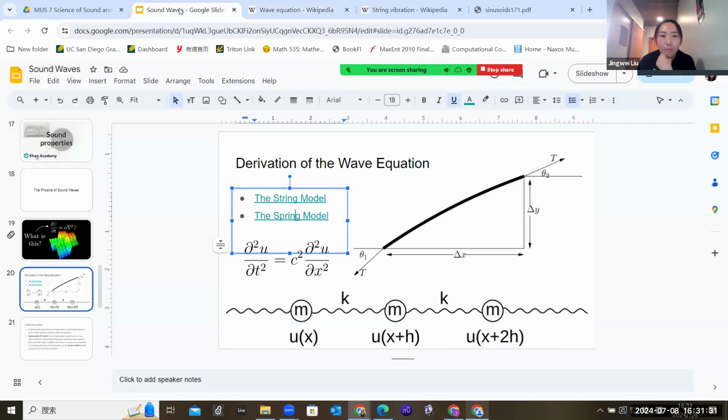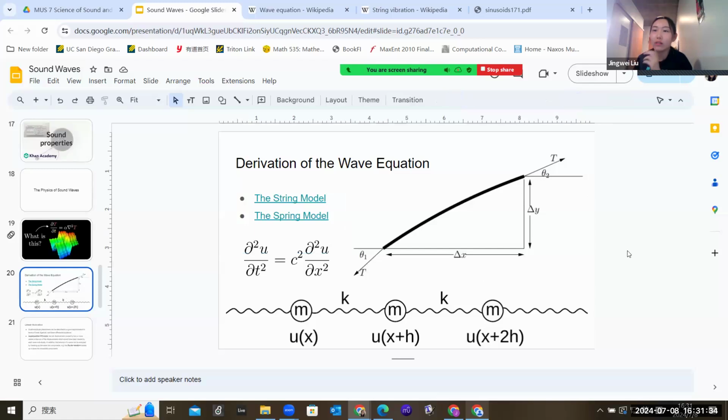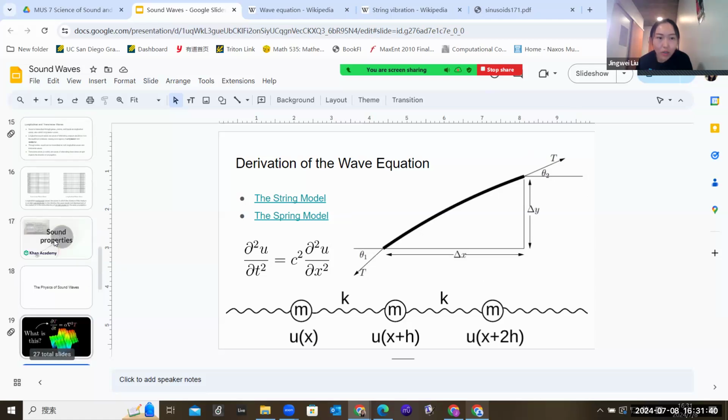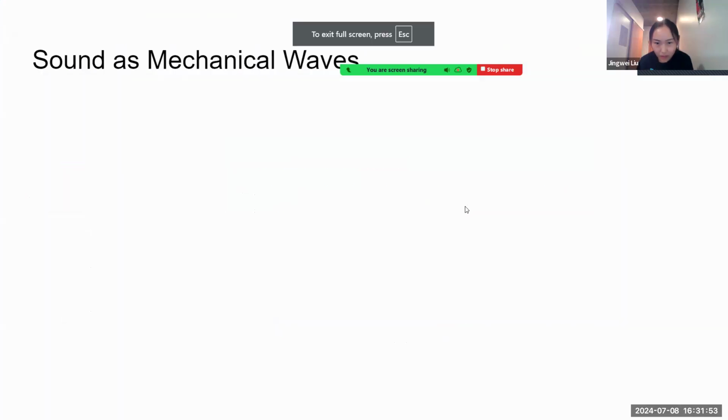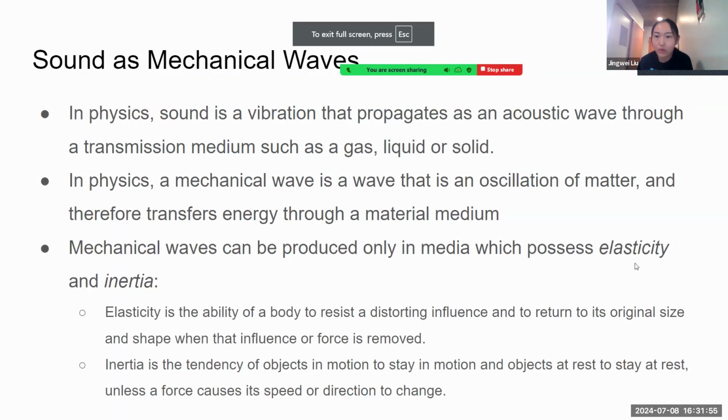But here, since it's not a math course, I'll give you an intuitive induction of this, which won't be precise but will be intuitive for understanding. Before, in our last part, we talked about the two properties of mechanical waves, which are elasticity and inertia.